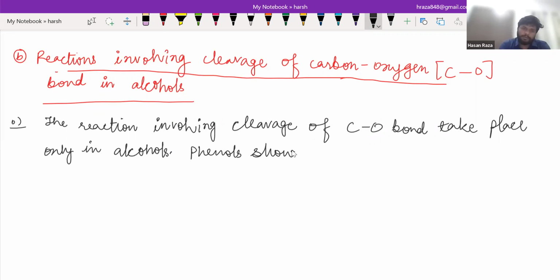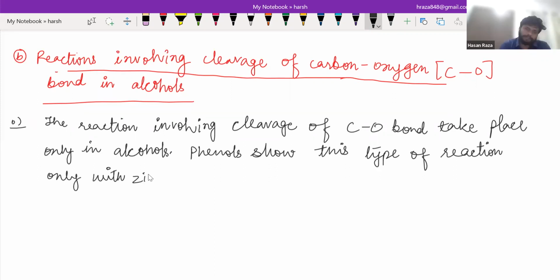Phenols show this type of reaction only with zinc. So basically cleavage of CO bond will take place only in alcohol, and if we talk about phenol, it will only happen with zinc.